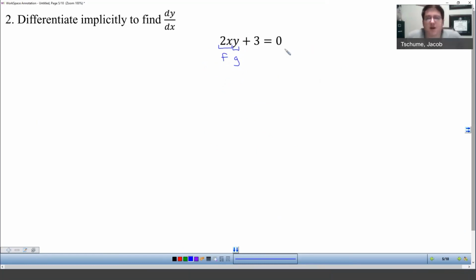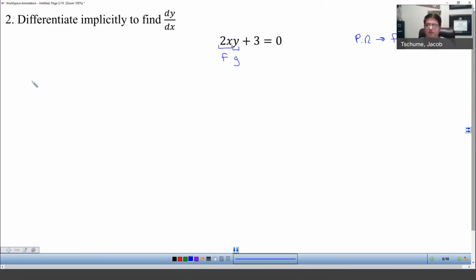If I let 2x be my f function and I let y be my g function, remember that the product rule is defined as fg prime plus gf prime.